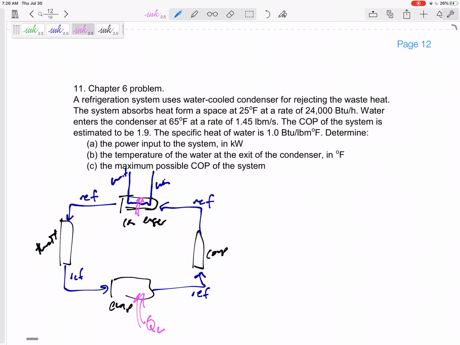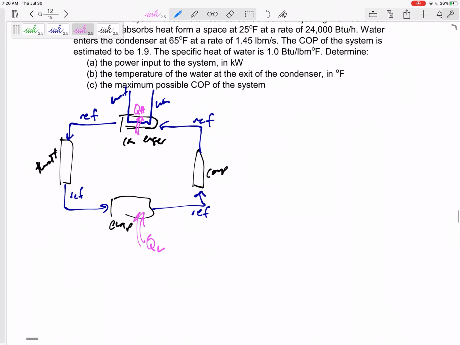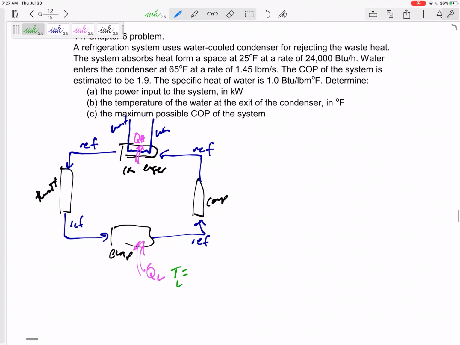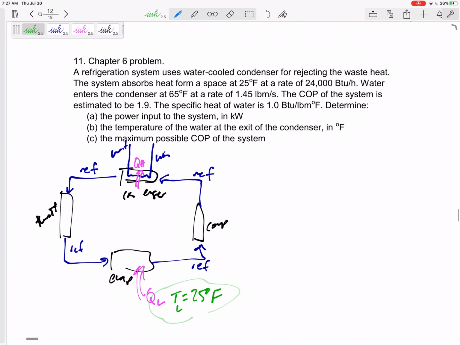The QH from the refrigerant is going to the water, and so this temperature down here, TL, I think it said 25 degrees, but the TH is going to be the temperature of the water. Not the temperature of the air, not the temperature of the atmosphere, not the temperature behind the refrigerator. This is going to be the temperature of the water, TH, right there.